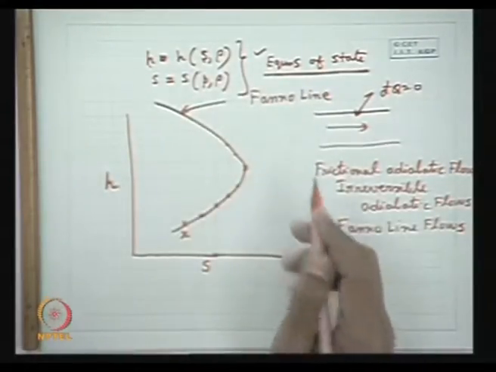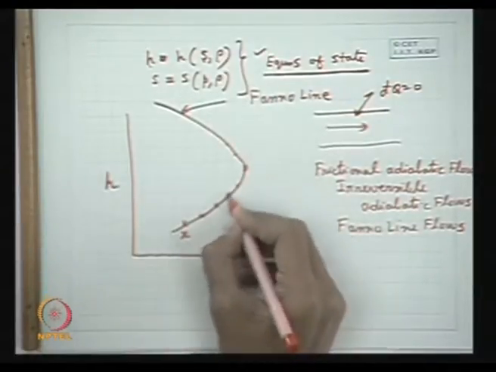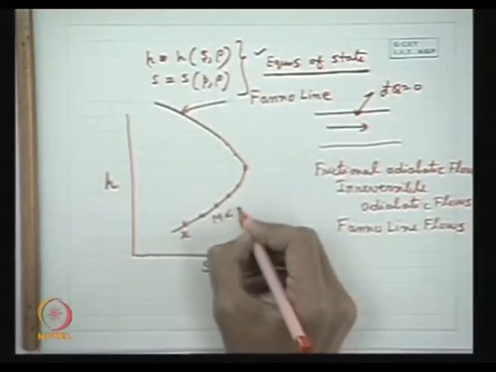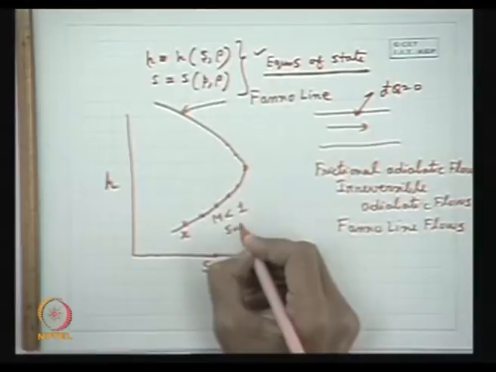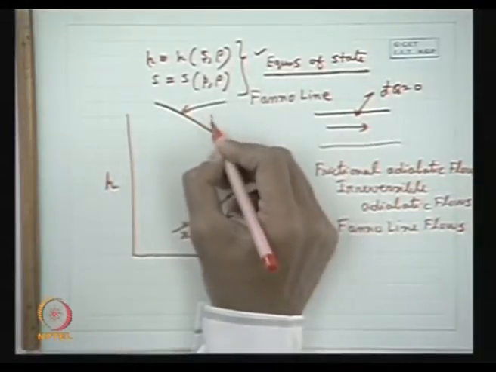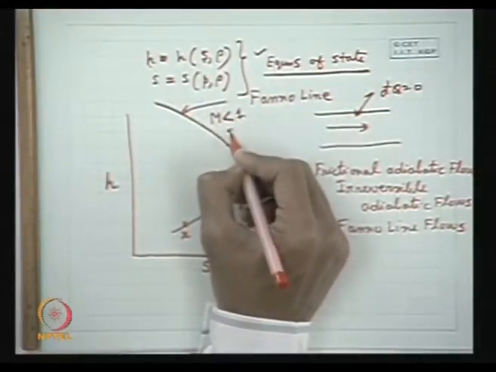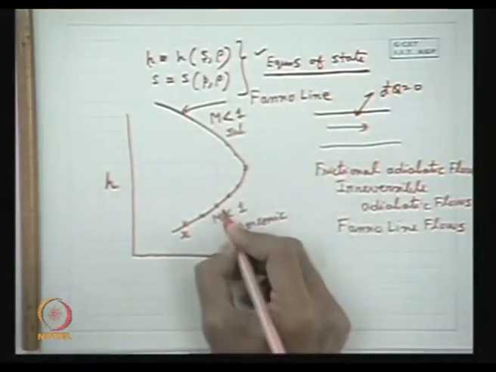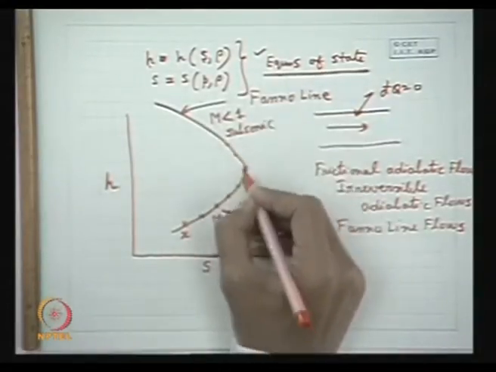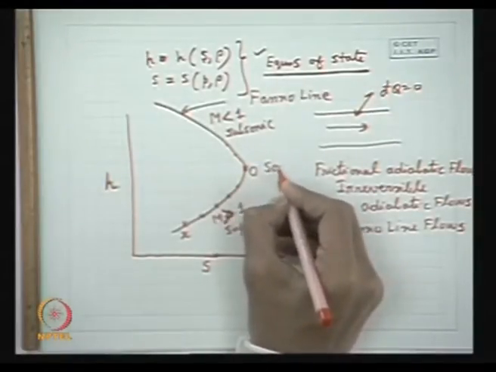Now it can be shown that this region of the Fano line represents the supersonic region, M greater than 1. This part represents the subsonic region, M less than 1, and this point, let this point be O, is the sonic point.